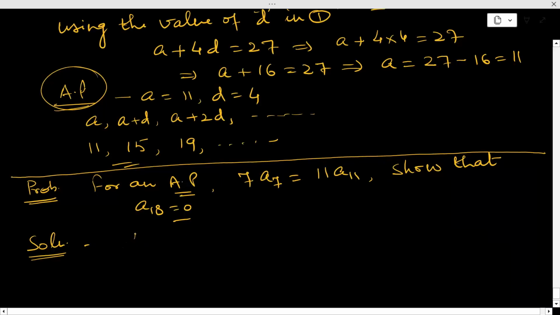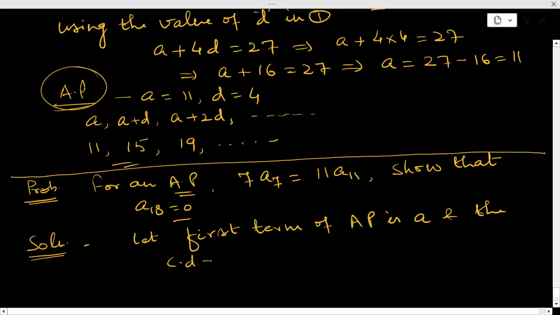Let the first term of the AP be a, and the common difference be d.